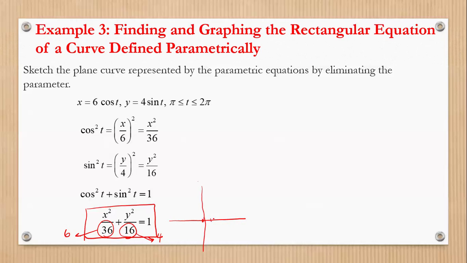Something like that. So 1, 2, 3, 4, 5, 6. And 1, 2, 3, 4. So if I want to graph the whole ellipse, I get this graph.